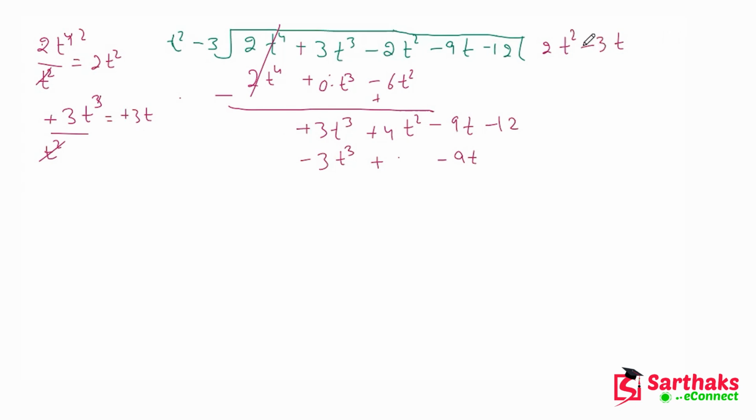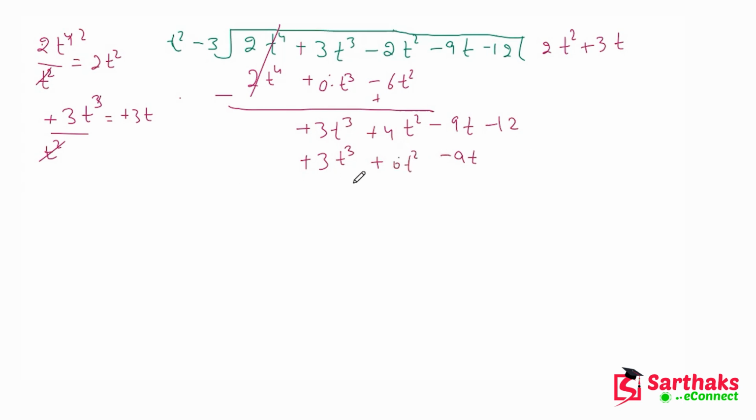Now again there is a silly mistake. Okay, so sorry guys. Now there is plus 3t cube, and here is minus 9t. Okay, here is minus 9t, or here we can write 0t square.